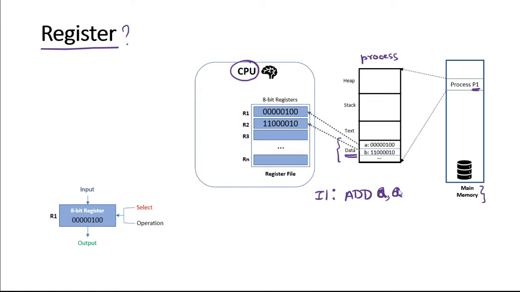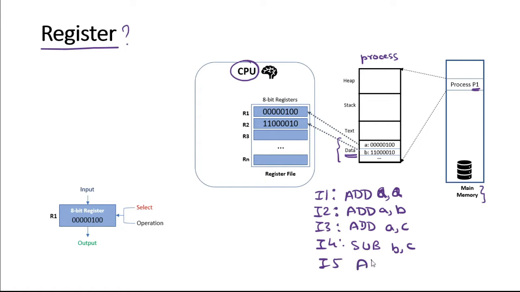Instruction 1 is add a and a. Instruction 2 is add a and b. Instruction 3 is add a and c. There is one more variable c. Instruction 4 is subtract b and c. Instruction 5 is add a and b.